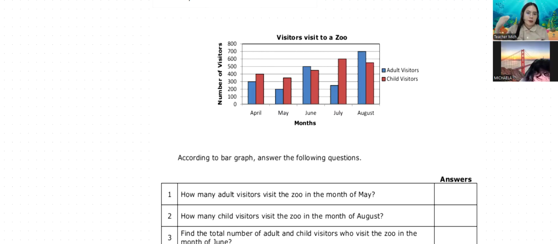Month of April, 300. How about child visitors? 400. Okay, how about on May? How many adult visitors are there? 200. How about child visitors? Month of May.